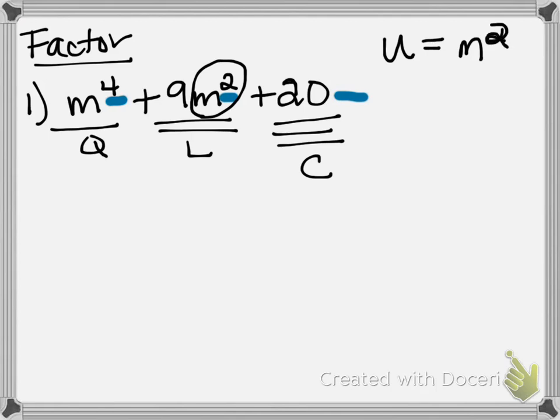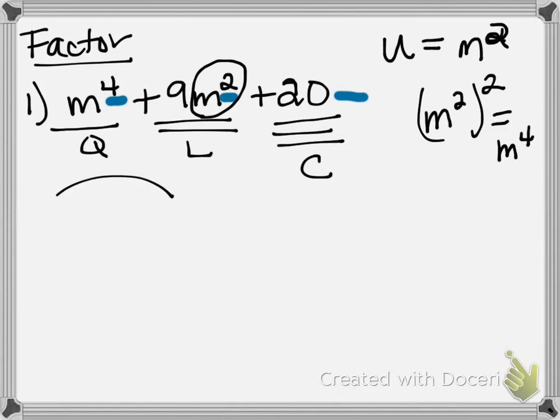Okay? So we're going to substitute m squared with u for right now. What I need to make note of is that m squared to the second power will give you m to the fourth.